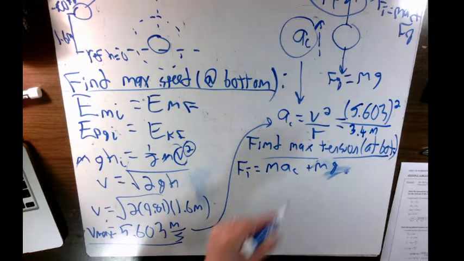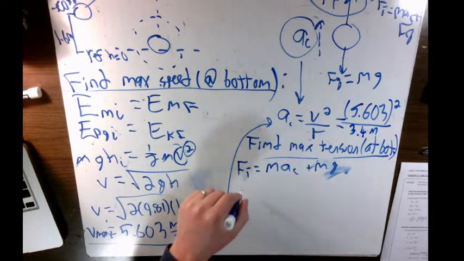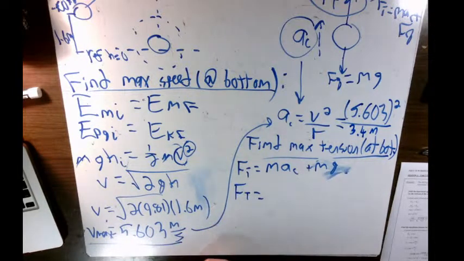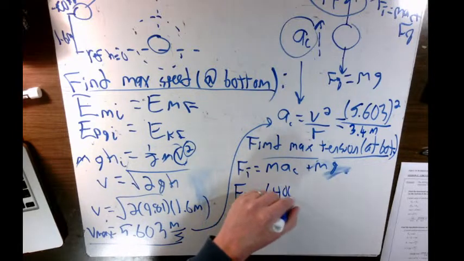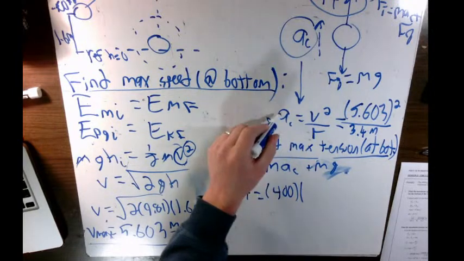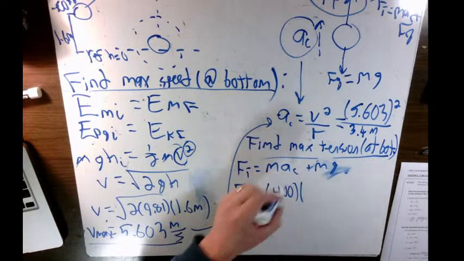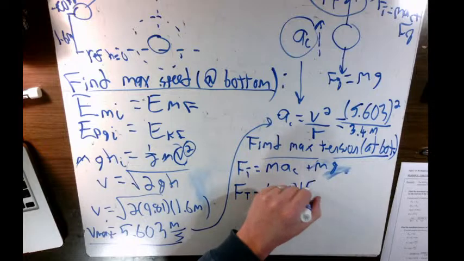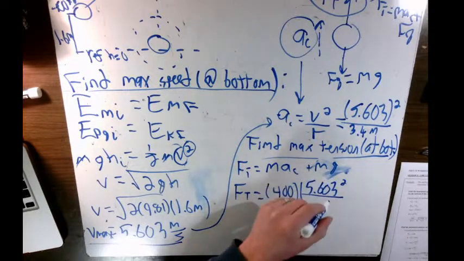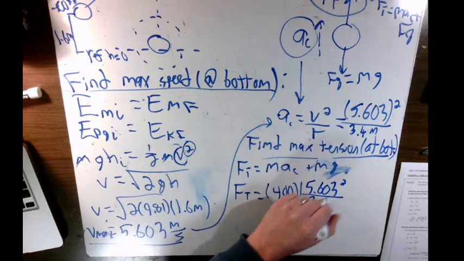That gives us a centripetal acceleration. So our mass is 400. Let's just keep it all together. We'll replace ac with v squared over r: 5.603 squared divided by 3.4.